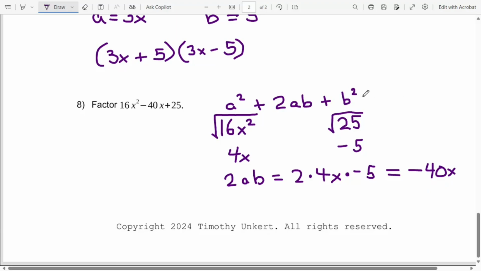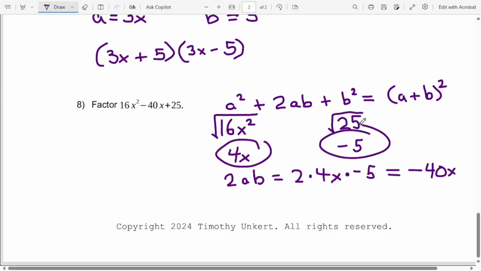And it's going to factor to a plus b squared. So again, this is a, this is b. So this is going to factor to 4x minus 5 squared. And that's it. That's the quiz review.